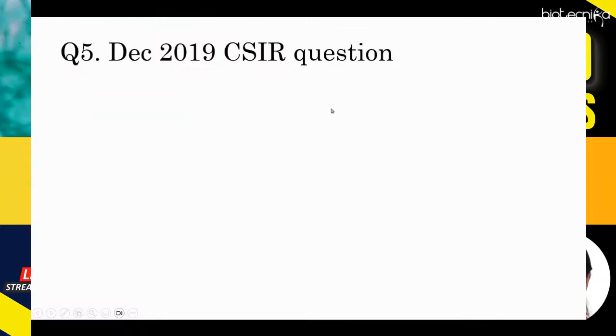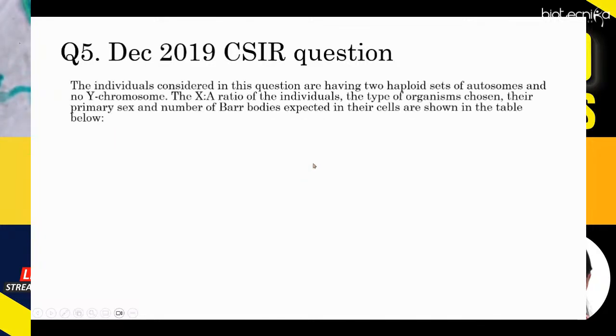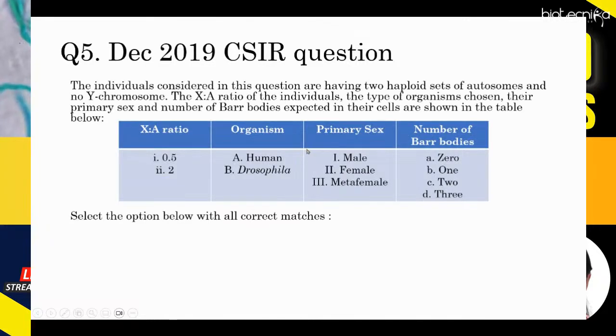All right, next question. Yeah, so the next question is from sex development in Drosophila and humans also. The individuals considered in this question have two haploid sets of autosomes and no Y chromosome. So this is a very important hint to solve the question.